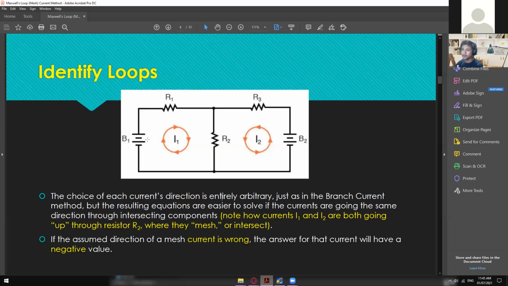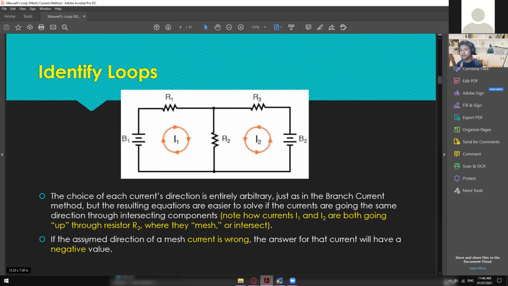That is why we have clockwise here. But in here we have the positive, so as you can see, we have a counterclockwise flow of current, from here going to here. Then they will intersect right here at this node, and combine at this R2. That's how we assume the polarity of your loops or meshes.